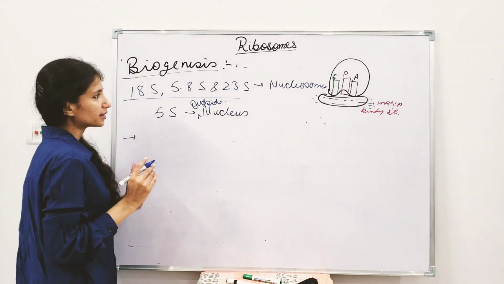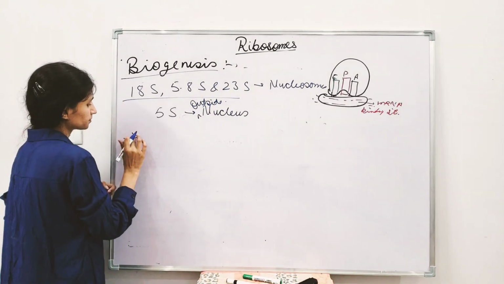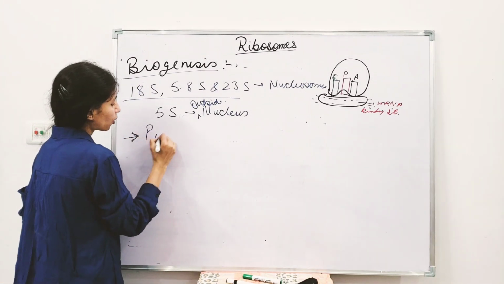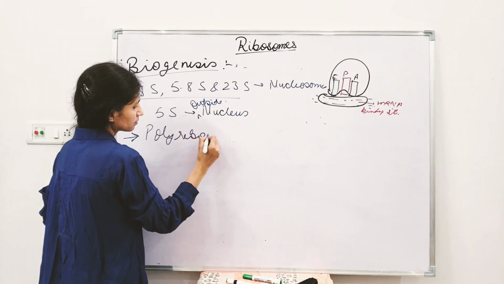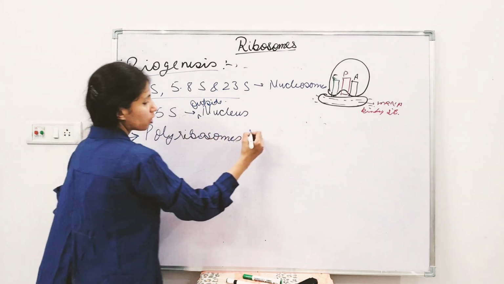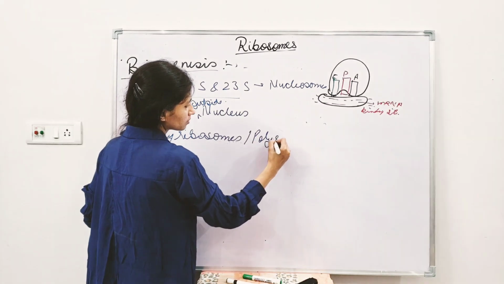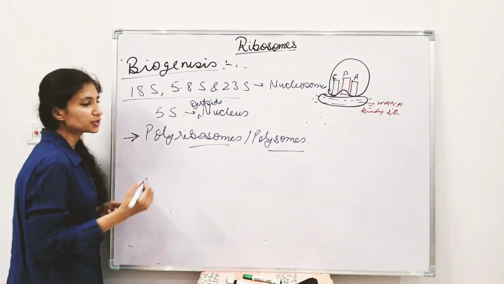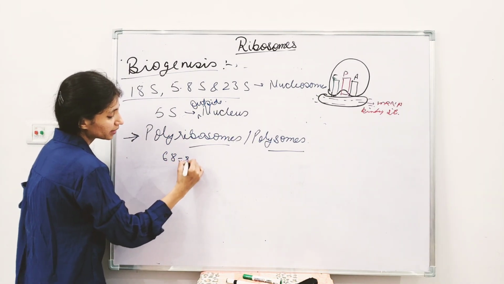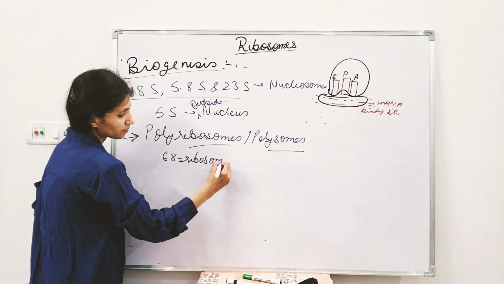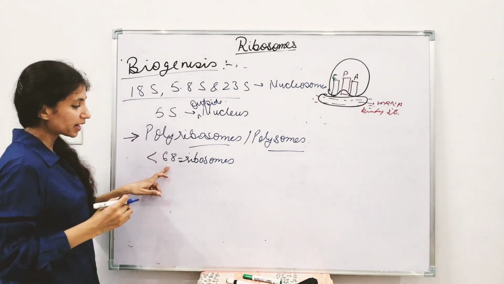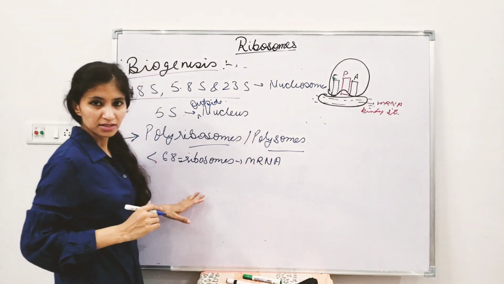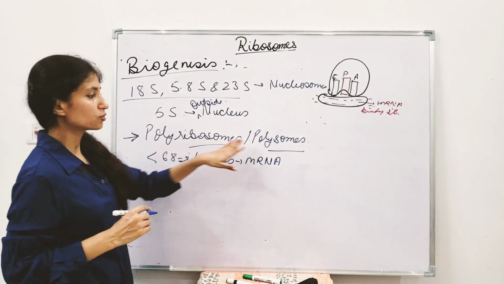Other than that, you have the polyribosomes, or polysomes. When more than one ribosome is attached on an mRNA during protein synthesis, you call it a polyribosome or polysome.